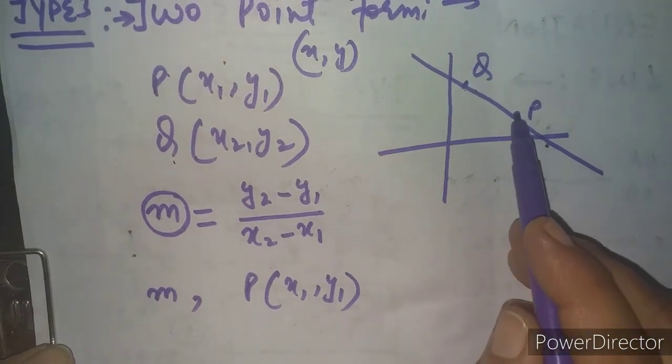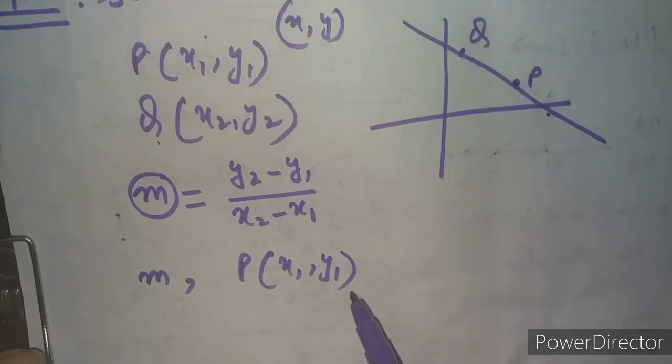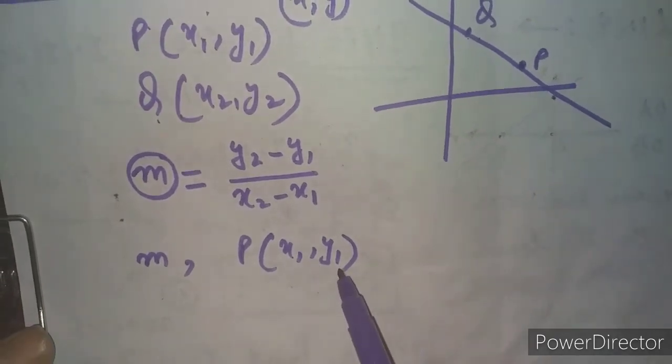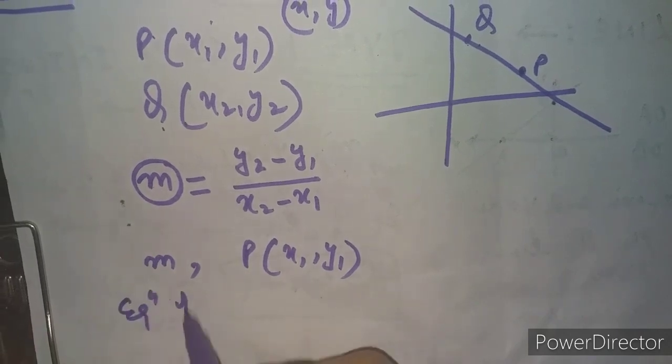You can either use point P here or you can use point Q in order to write the equation of that line. Here I am using x1, y1, the first point through which the line passes. Then what will be the equation of the line?